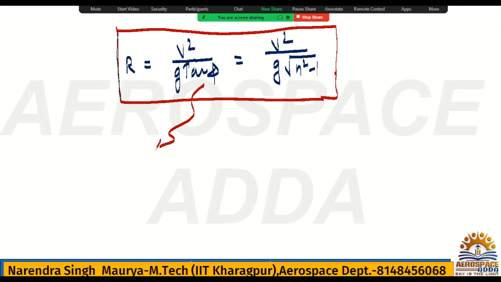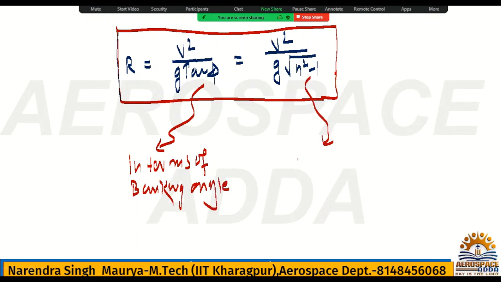This is the formula of radius of turn in terms of banking angle, and this is in terms of load factor. Always remember this.